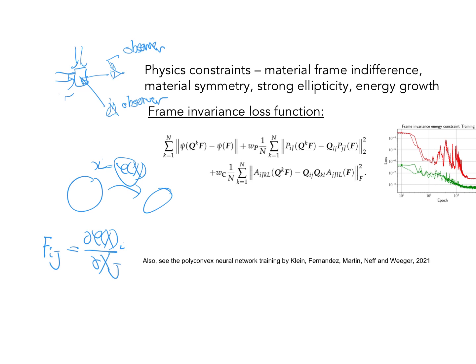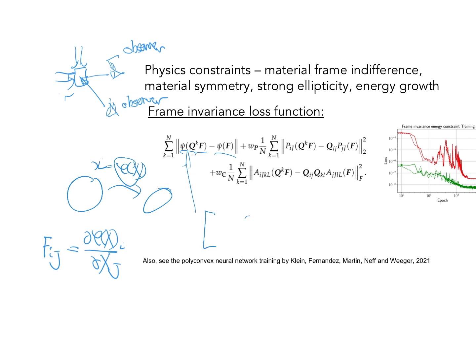If you do this in machine learning, it will give you a different answer just because it doesn't know that it has to be frame indifferent. So one brutal way of doing it is to implicitly put it into the functions. Here the Q is a rotation tensor.